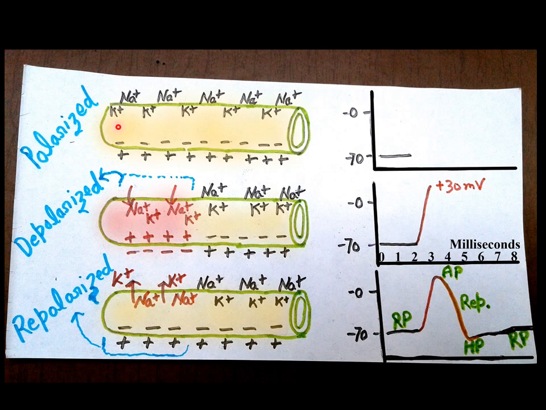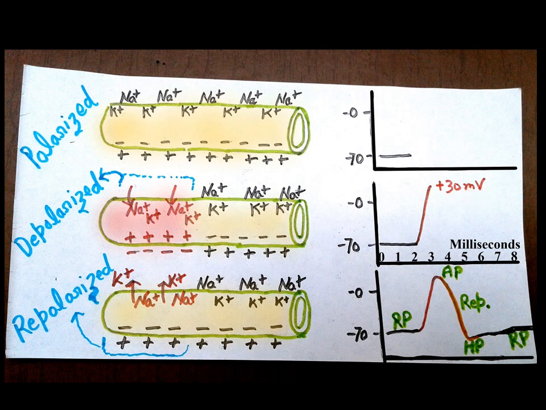Any stimulus or signal that results in the threshold potential opens the channels and increases the sodium permeability. This leads to positive on the inside and negative on the outside, which results in action potential. At the peak of the action potential, membrane potential reaches plus 30 millivolts.